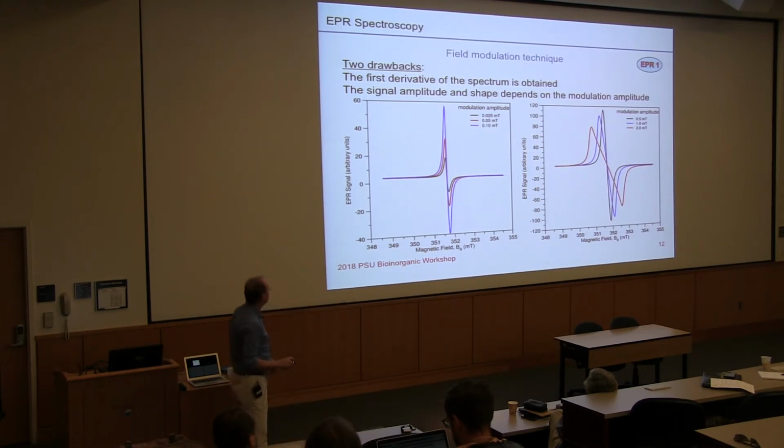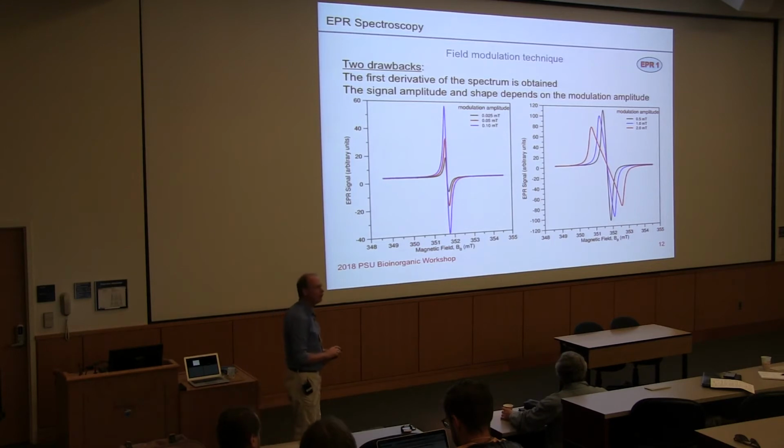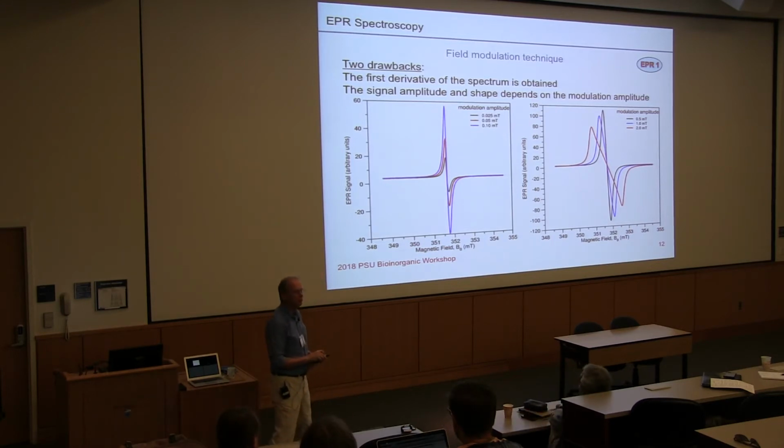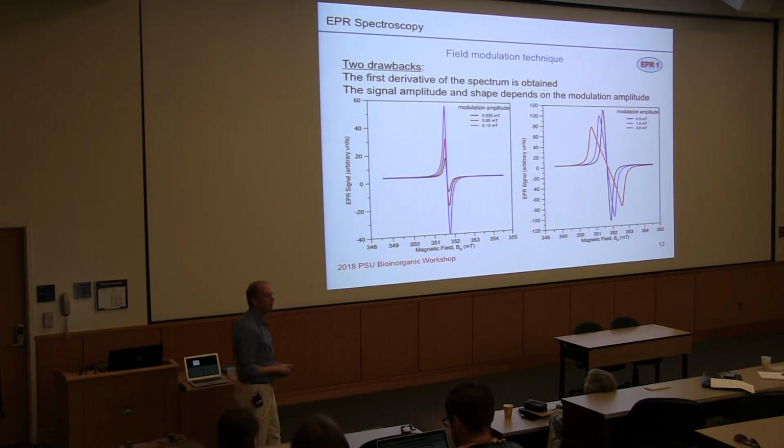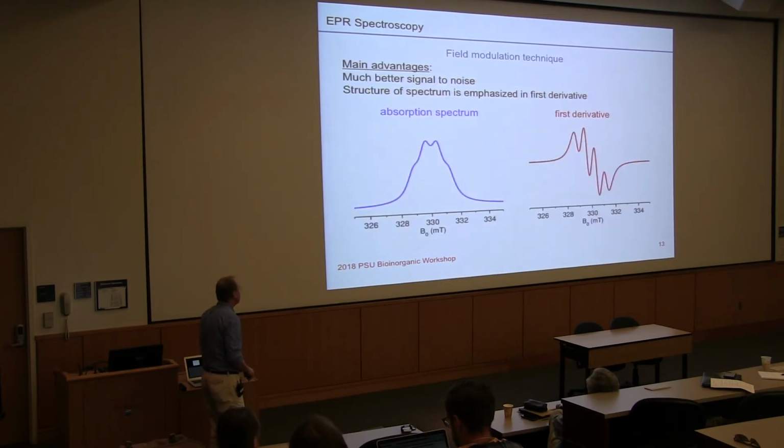So when you're running an EPR experiment, it's really important to know how to set that. How do I choose the value of my modulation, right? And so up here in the corner, I've got a little note saying EPR1. So if you're doing the practical EPR1, you will go through an exercise where we set the modulation amplitude for a particular spectrum. Okay, so that's the drawback.